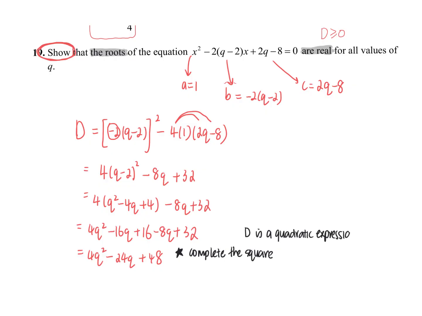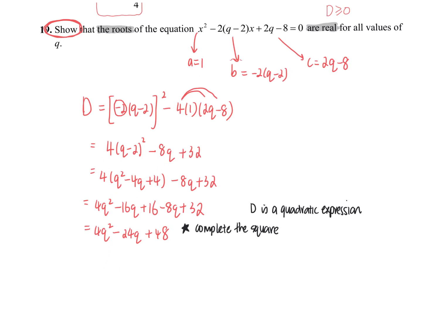Usually that is the case. So remember, when you want to complete the square, your coefficient of the square term cannot have any numbers there. So take out the 4 first. I usually always leave the constant outside. I don't even extract any common factor.